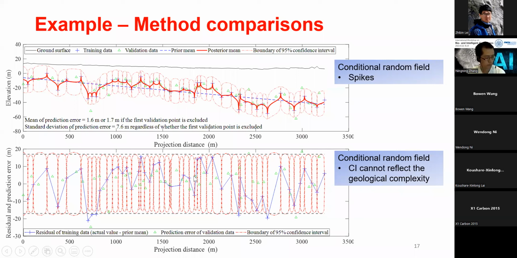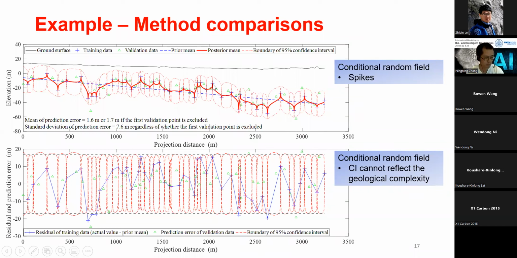At last, there are some results for the conditional random field methods, as you can see in the top figure. The solid lines denote the predictions. As you can see, there are many spikes in the data points, and the predicted curve cannot be larger or lower than these data points. That means that the extreme values only occur at these data points.